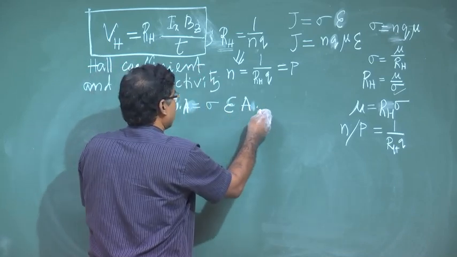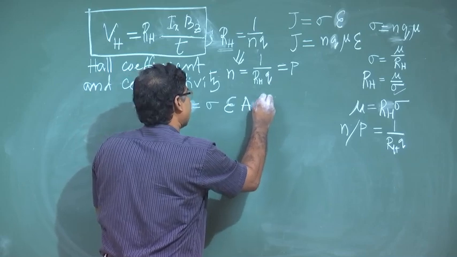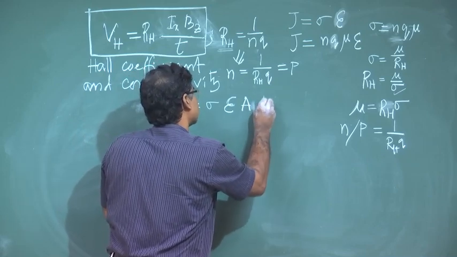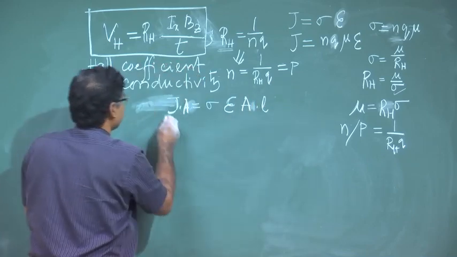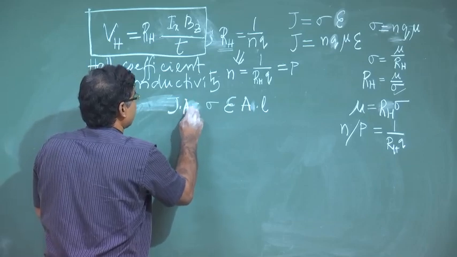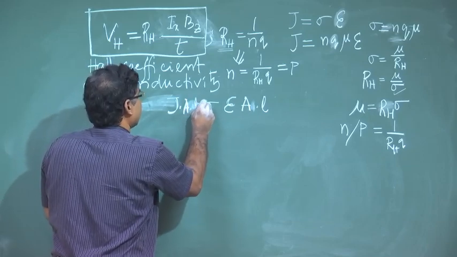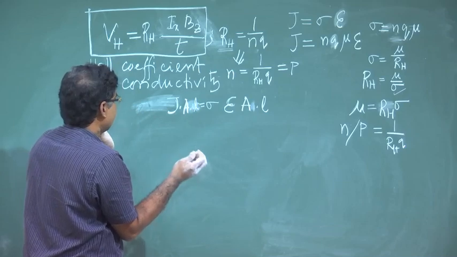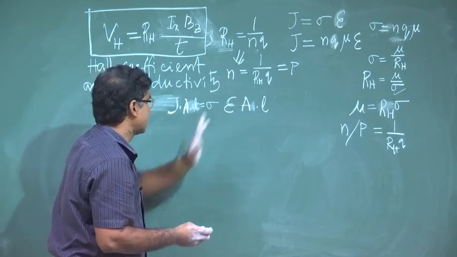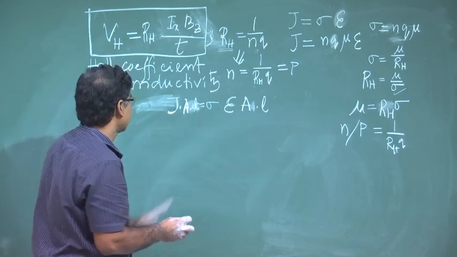So, then if I multiply with length L, capital L or small l, whatever. So, I have to multiply with L also here. I can multiply both sides, there is no problem.